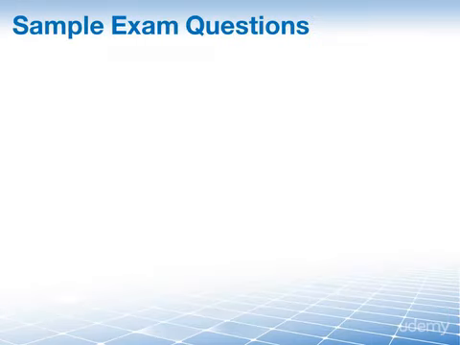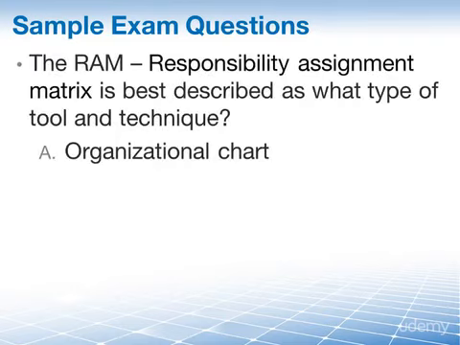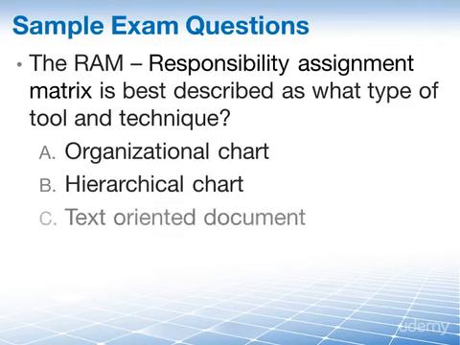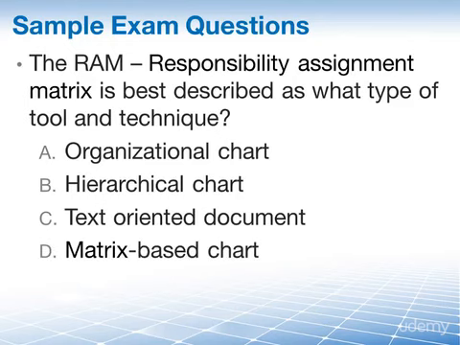So what type of questions do you find in books and online? Well, we have two for you here. The first one is: the RAM, the Responsibility Assignment Matrix, is best described as what type of tool and technique? Is it A, an organizational chart, B, a hierarchical chart, C, a text-oriented document, or D, a matrix-based chart?